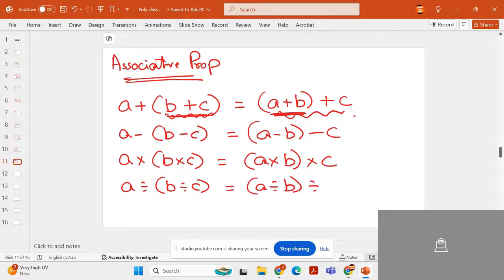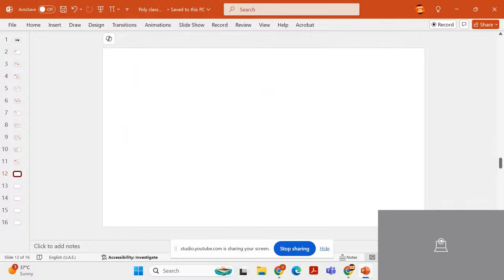Okay. So addition and multiplication, they are associative. But they are not associative for subtraction and division. So you can practice it by taking any three values of three rational numbers.